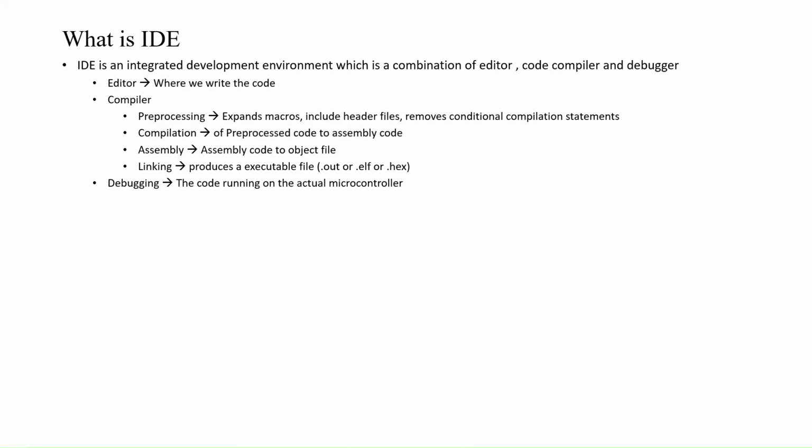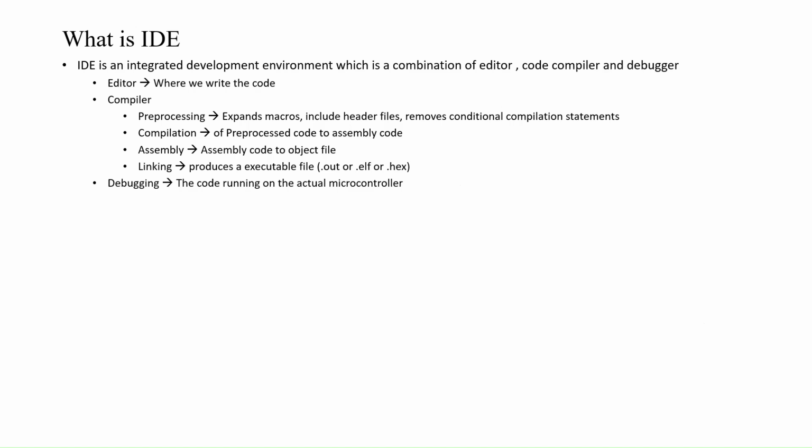What is an IDE? It is an integrated development environment, which is a combination of an editor, a code compiler, as well as a debugger. Practical examples of IDEs: Infineon provides Aurix Development Studio, and Texas Instruments provides Code Composer Studio, which consist of an editor, compiler, as well as debugging.